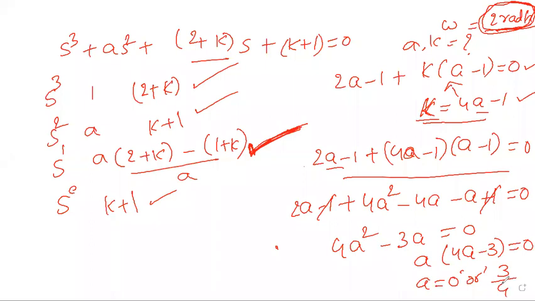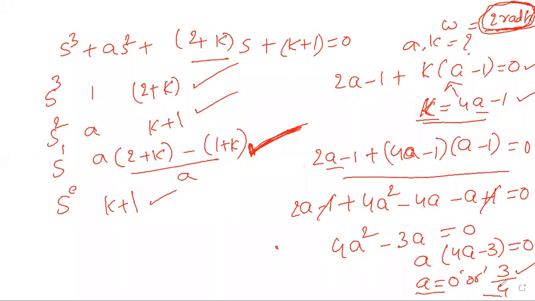Isn't it? Is it clear? Okay, understood? Right. So we have two values. In these two values, which is valid and which is invalid? 3/4 is valid and 0 is not valid.